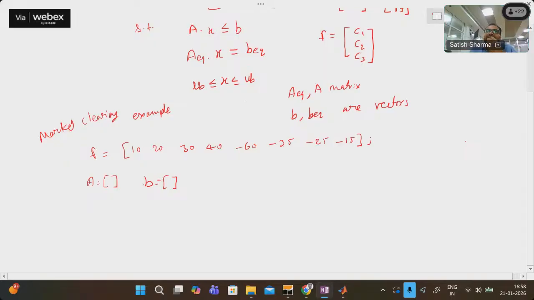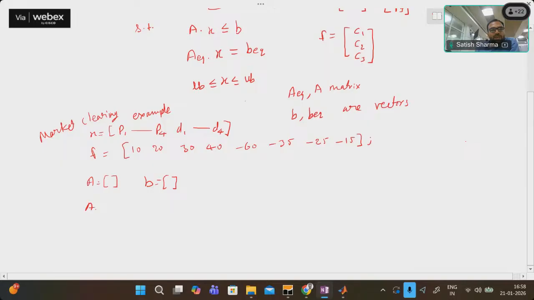So it is nothing but the equation, which is basically what? All the P should be equal to all the demands, and there is no constant term there. So I have defined x here as p1 to p4 and then d1 to d4. x is defined like this.